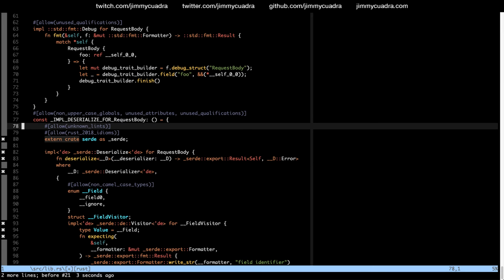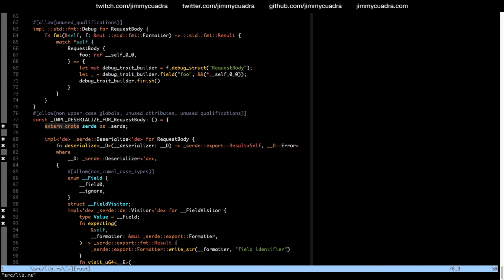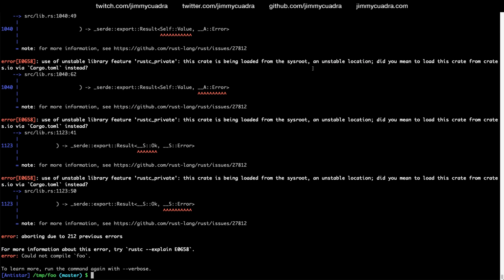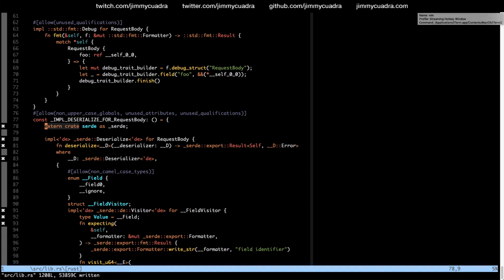I wonder if it's these two that it's complaining about? I'm not sure. Let's try that. No, it still doesn't like that. Where's this rustc private stuff coming from? Yeah, this is really frustrating. Debugging procedural macros is not very fun. I don't know why it's falling over on this.